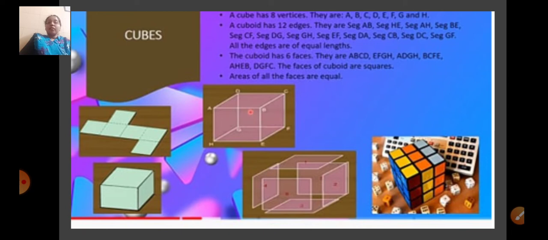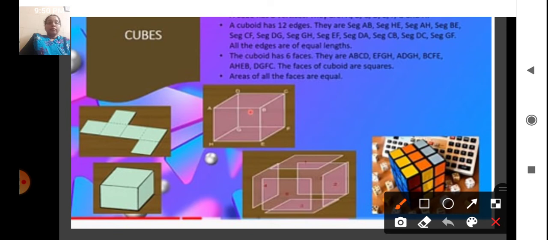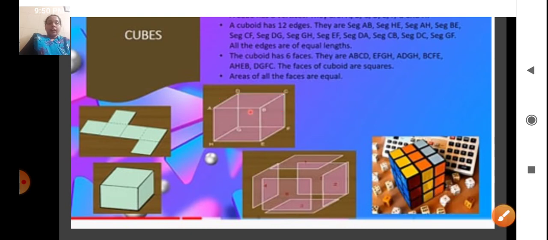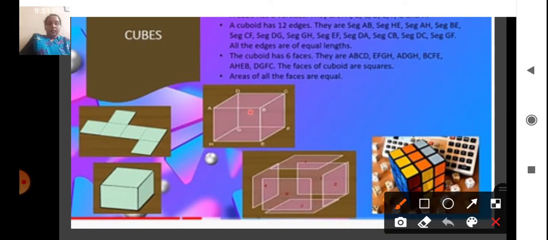Now let us see the faces of the cube. Let us mark again. The first face of the cube is A, B, C, D. Now the next one is E, F, G, H. Here you can see the down one, children. E, F, G, H, this is the down one.